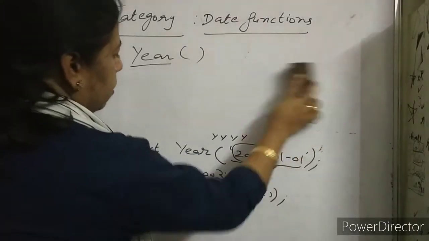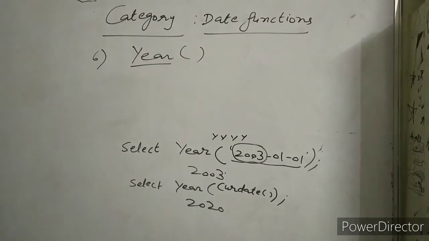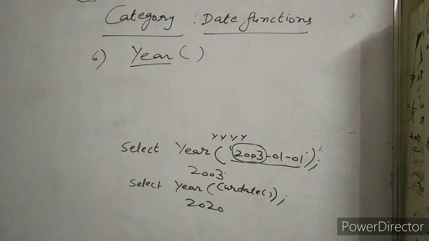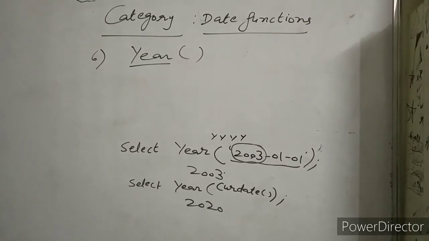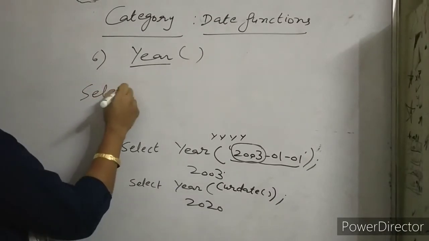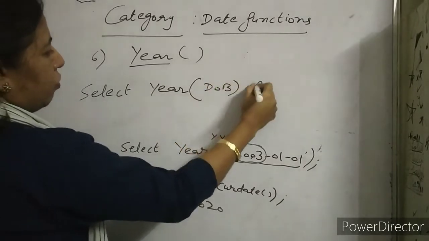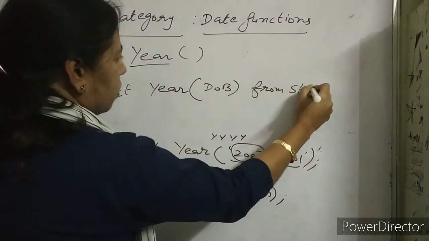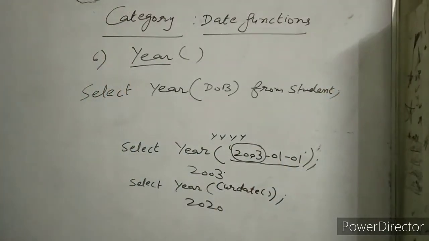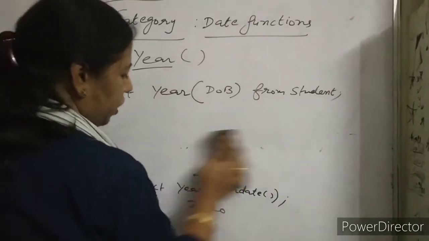You will write the query like: select year DOB from student. Clear? What will you get? Year of birth for all the students.